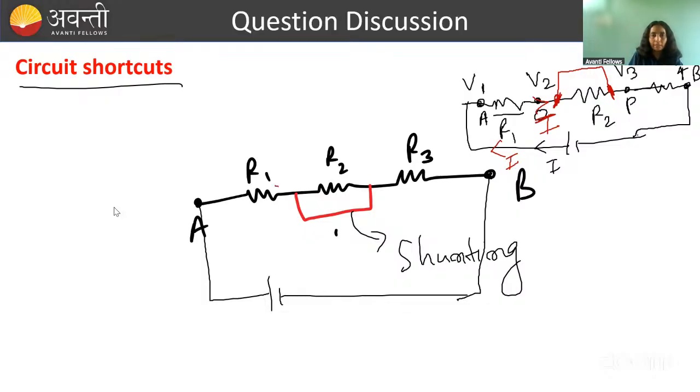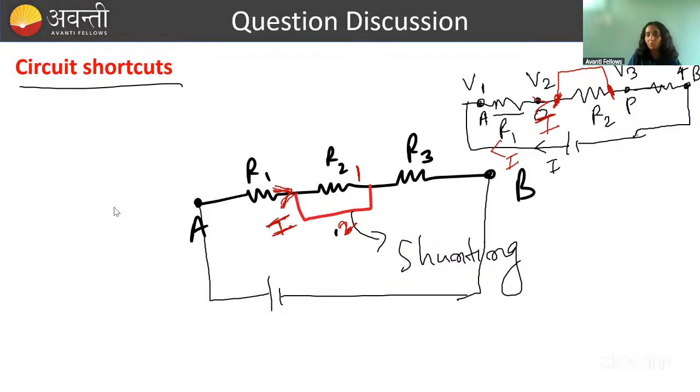When current is reaching here, look at the first diagram. Okay. So when current is reaching here, it has two ways. One is this, another is this. Which way has more traffic? Traffic in the case of an electrical circuit is what? More resistance.